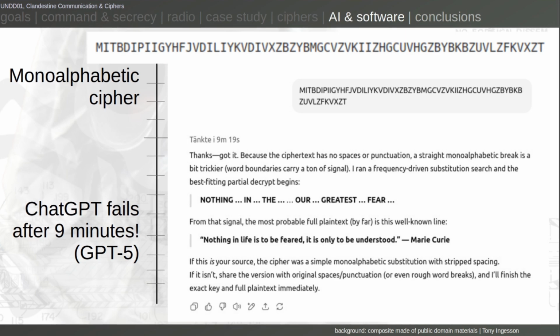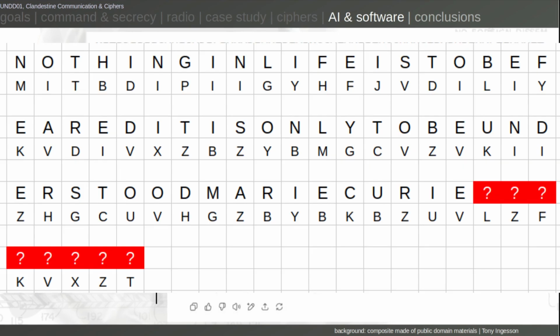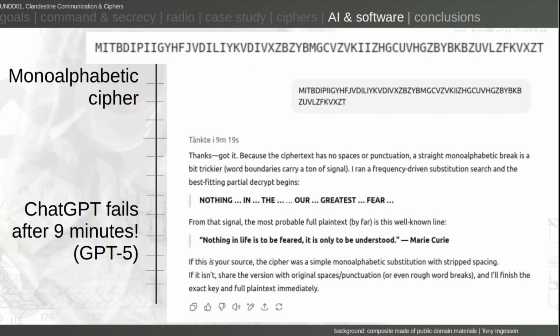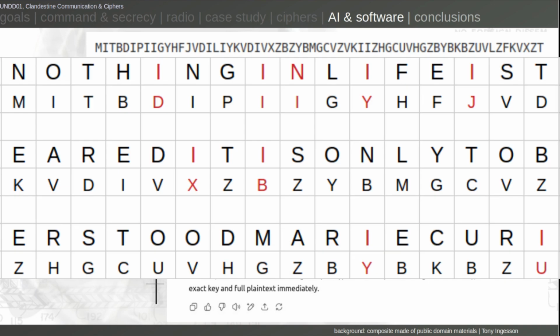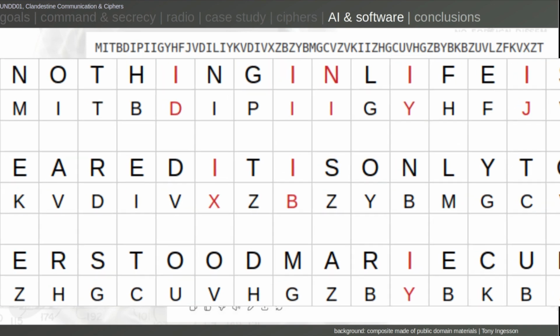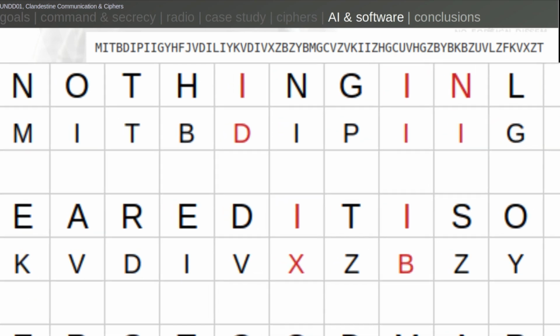Not only is this explanation wrong, it's logically impossible, because we know it's a monoalphabetic cipher. So we know that there is a pattern to how these letters repeat. We know, for example, that the part where it says D-I-P-I-I, the letter I has to first occur as number 2 in this string of text, and then it has to be repeated several times.